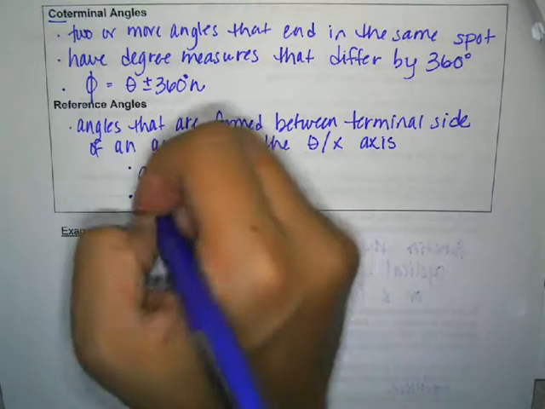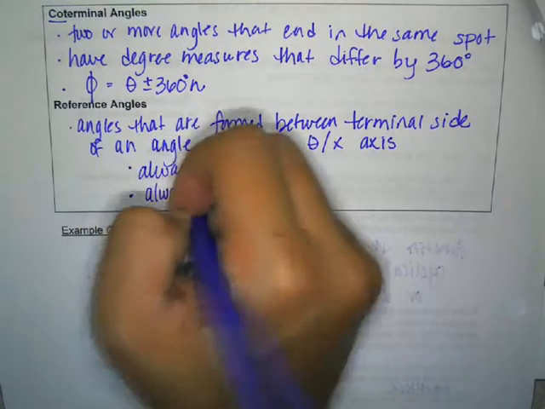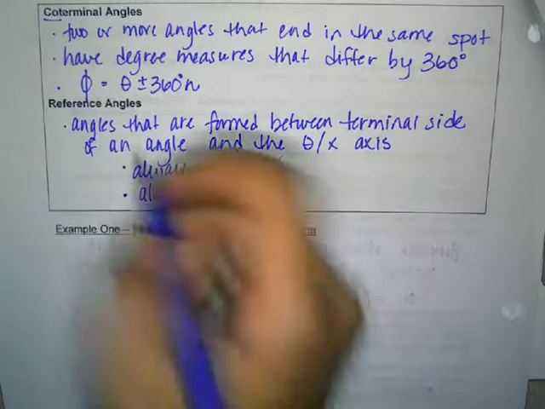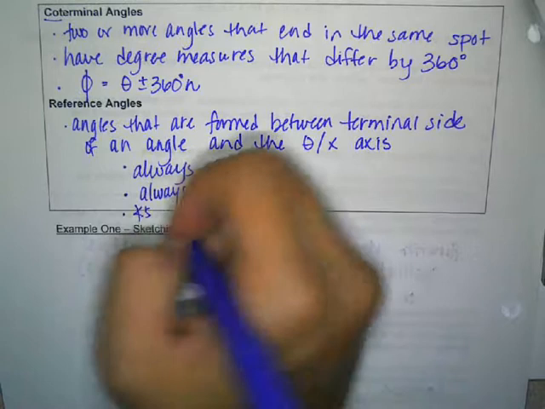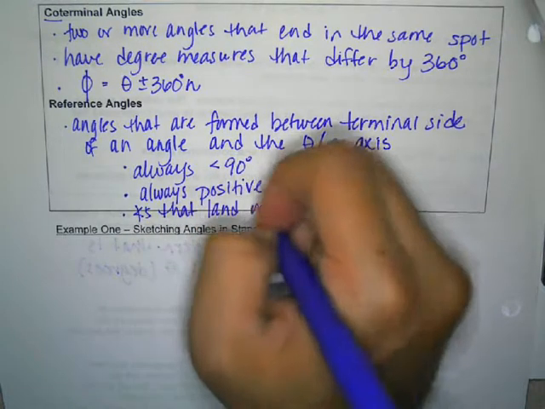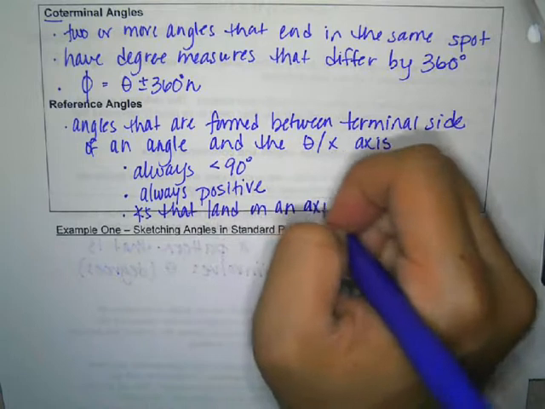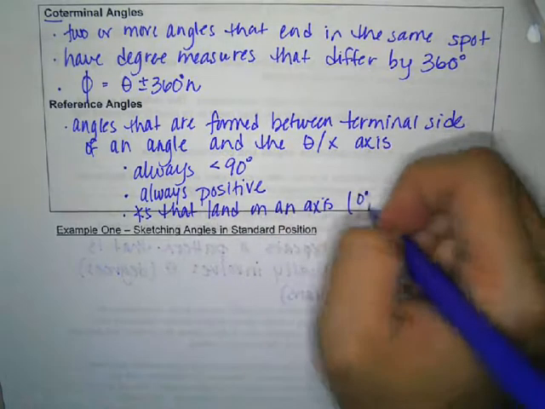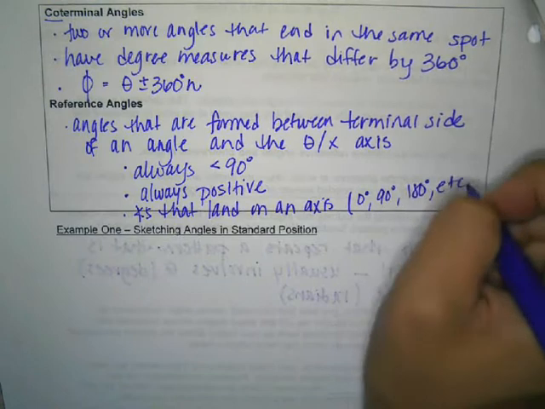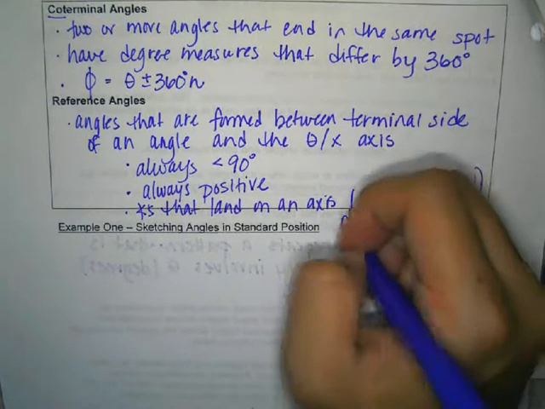Reference angle is always positive, no matter what. And the last thing is that angles that land on an axis, so angles like 0 degrees, 90 degrees, 180, etc., do not have a reference angle.